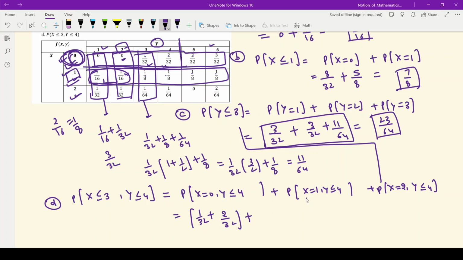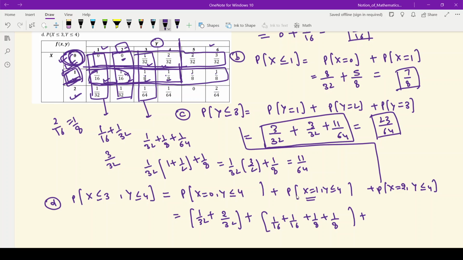Probability at x equal to 1, but y less than or equal to 4, is the summation of these values: 1 by 16 plus 1 by 16 plus 1 by 8 plus 1 by 8.